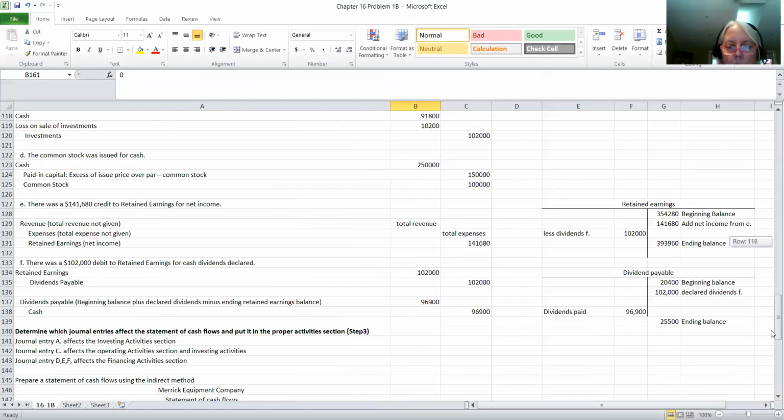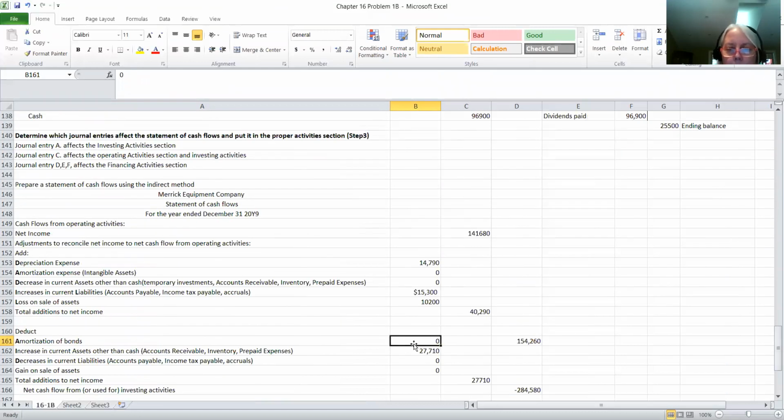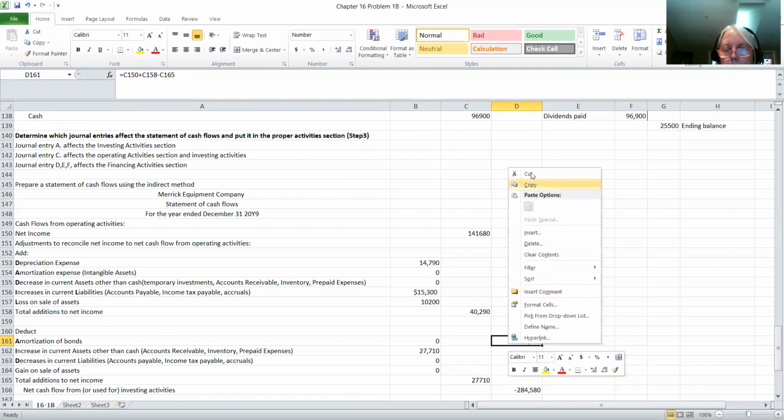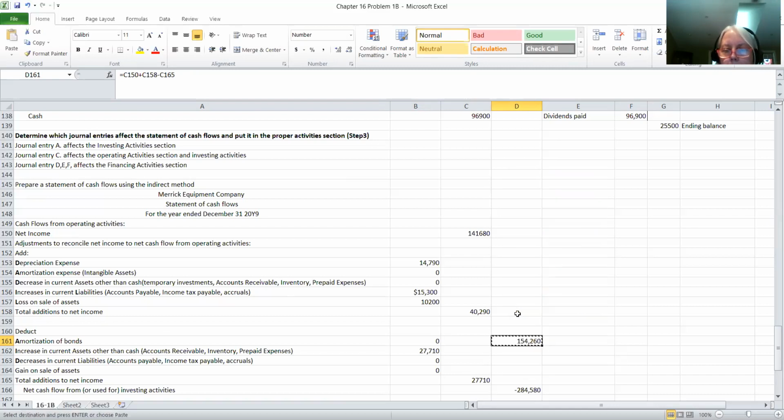So there's nothing that we could have put in for that amortization. I've got this part right here, which really needs to be placed up above here.